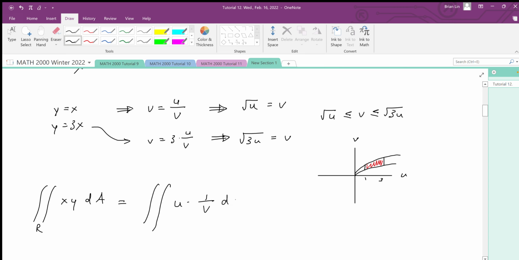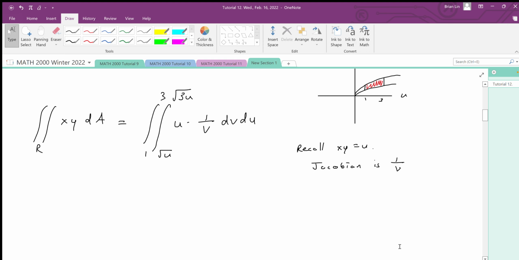And I'm going to do it in terms of dv du. And then now it's 1 to 3, root u to square root 3. So recall, xy was just u, and the Jacobian is 1 over v. So at this point, you just integrate as per usual.